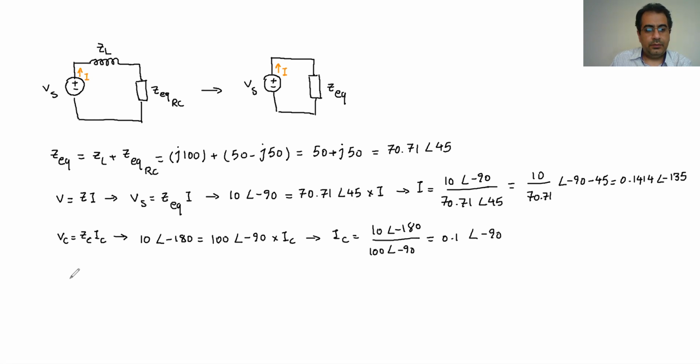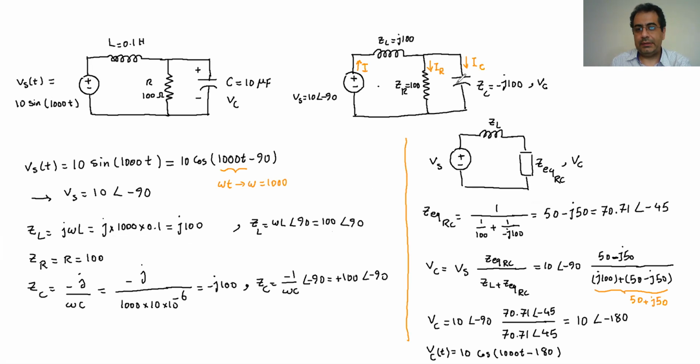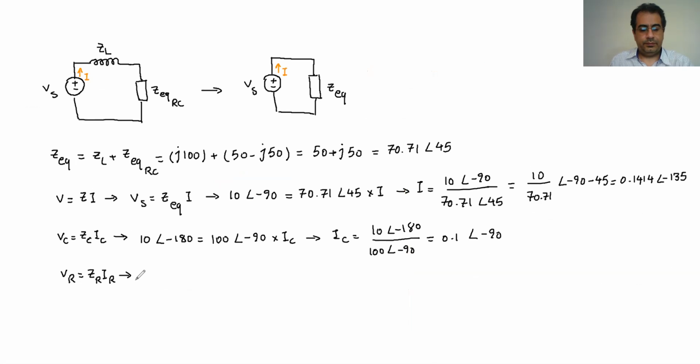And the same for the R. VR is just ZR times the I that goes through the R. Again, the VR and the VC are the same because both are in parallel. So we know that the VR is the same as the VC. So again, it's going to be 10 negative 180, and the ZR is just 100 times IR.